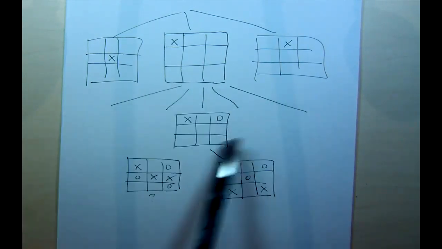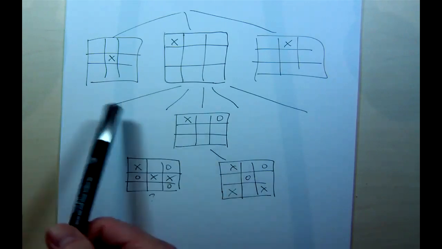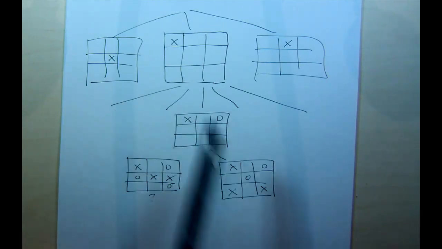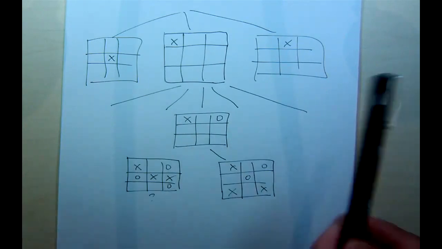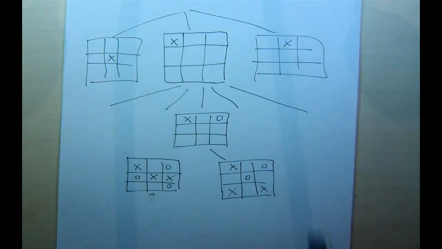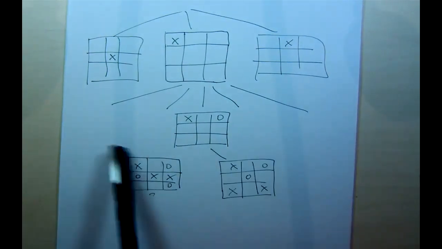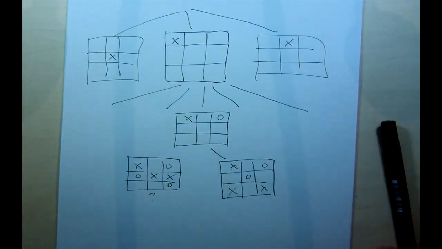These 5 options, it turns out that for 4 of these choices, I can force a win somehow or other. For the 5th option, O can get a draw, but they have to make exactly the right move, right? So what's the lesson of this?